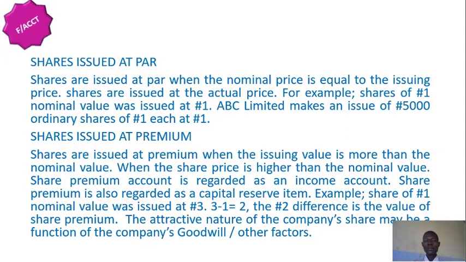Shares are issued at premium when the issuing value is more than the nominal value. When the issuing value is more, note that, more than the nominal value. When the share price is higher than the nominal value, we are also going to buttress it with illustration.